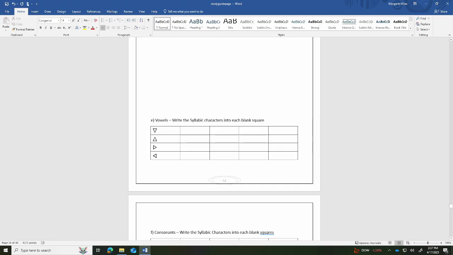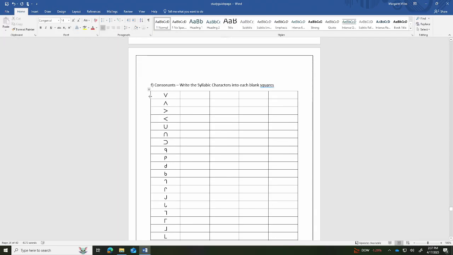D is write the syllabics characters into each blank square. E is consonants. Write the syllabic characters into each blank square.